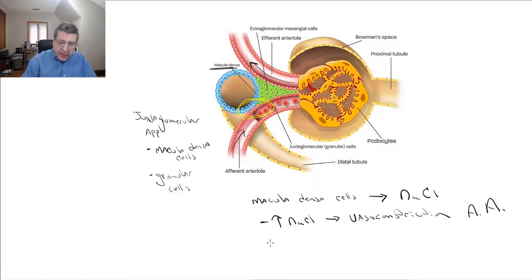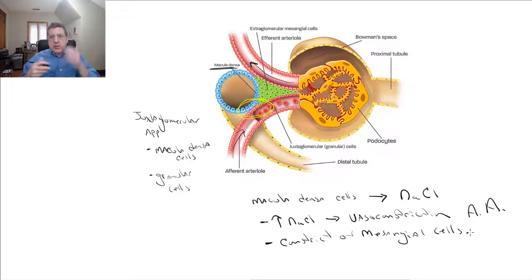Another thing that it does is it causes constriction of mesangial cells. Now, I haven't talked about what the mesangial cells are. They do a number of different things.